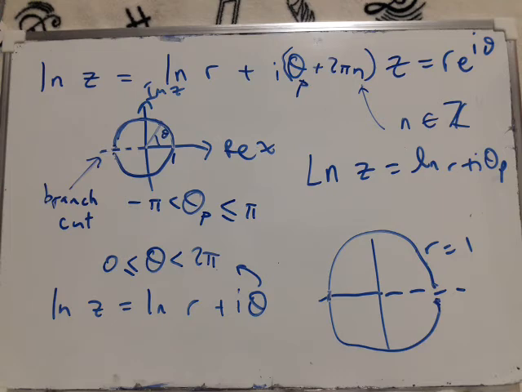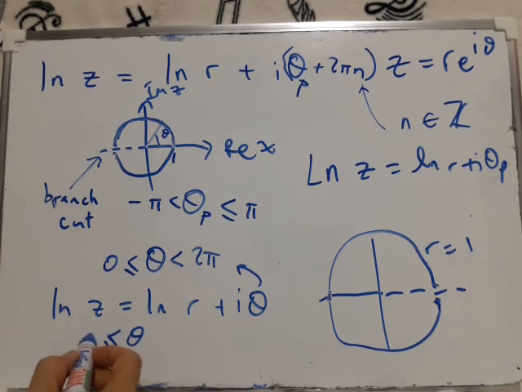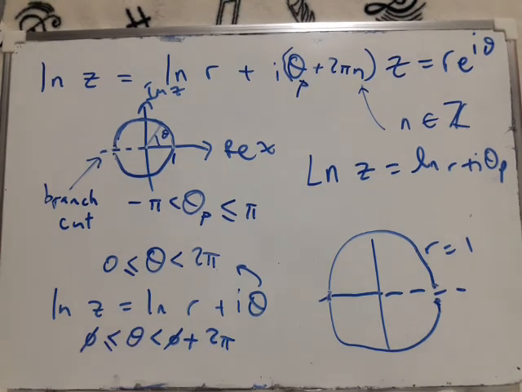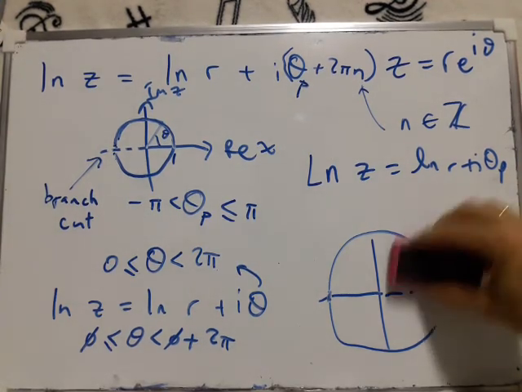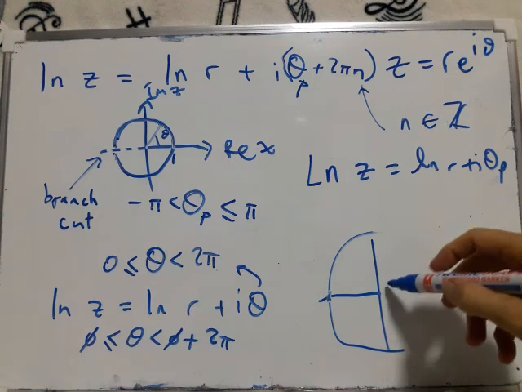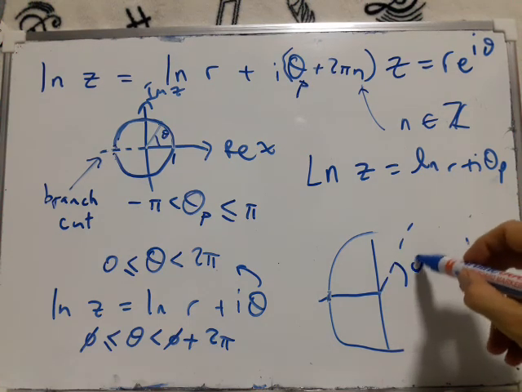Equally, I could choose that theta lies between phi and phi plus 2 pi, where I just change my branch cut to be any angle I like, which is going to be phi now.